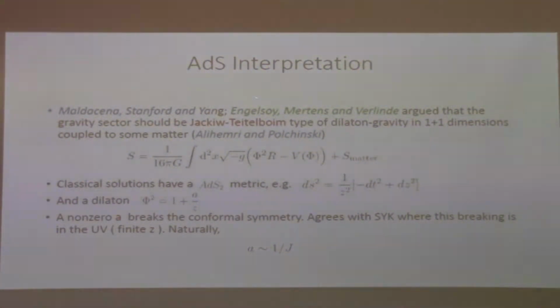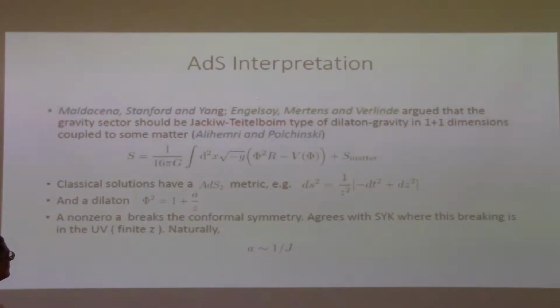Indeed the favorite model for that is something called Jackiw-Teitelboim gravity, which has the standard gravity action with a dilaton field phi, which is the one which makes it non-trivial even in two dimensions, and there is some matter which we need not worry about at the moment, but which will be the main part of our topic.